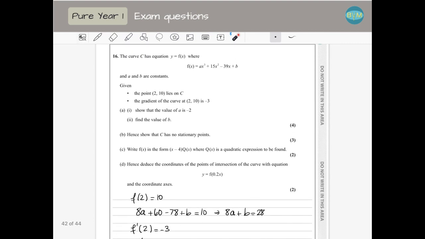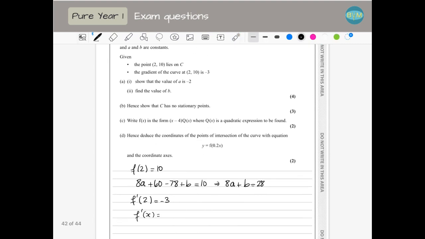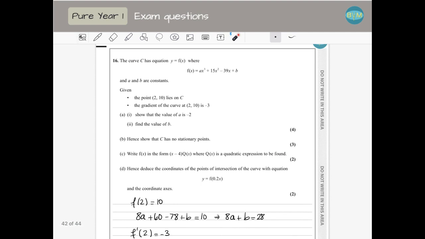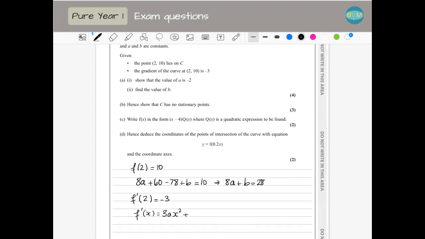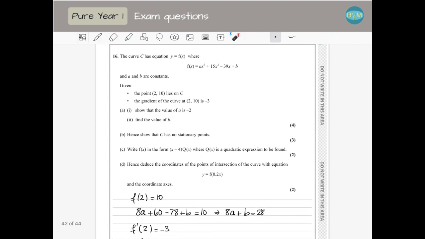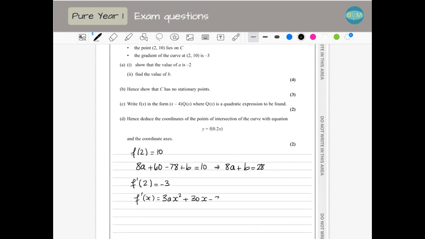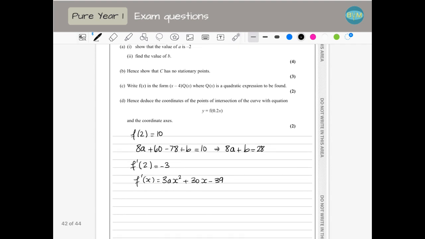So the function derivative is going to be 3ax squared, 2 times 15, 30x, so plus 30x. This one is minus 39. And then I'm going to substitute the x by 2.